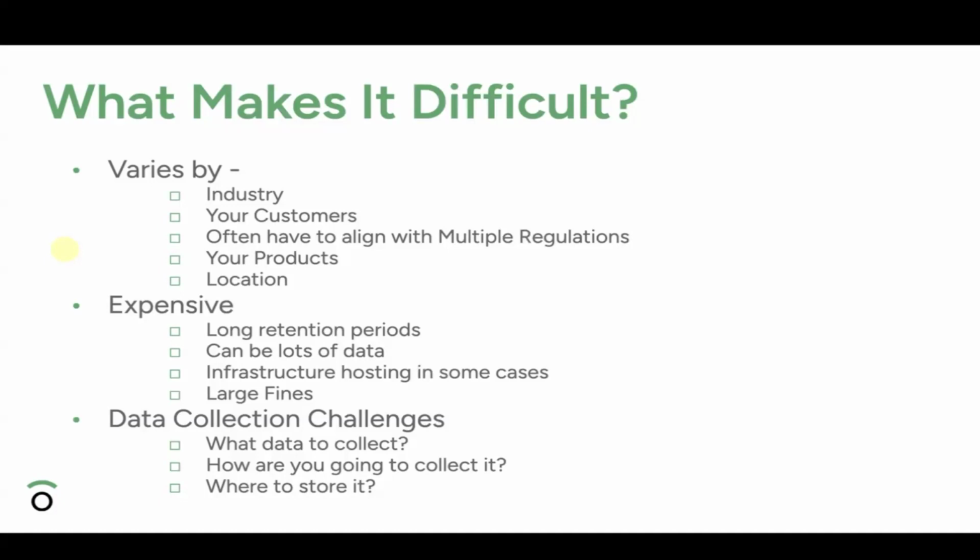Another thing that makes this difficult is that traditionally it's been pretty expensive to adhere to, and some of the reasons for that are things like long retention. I think PCI, for example, requires 90 days readily retrievable, but then a year of backup or archive.